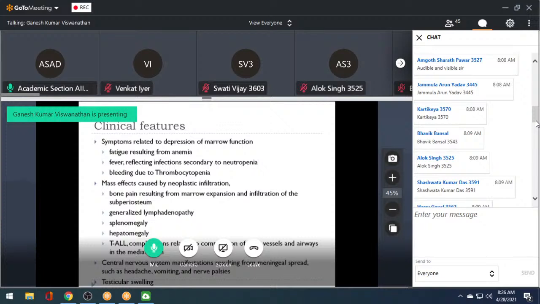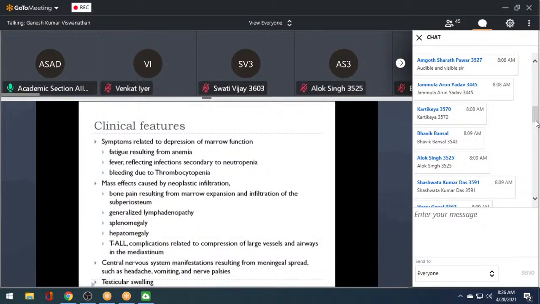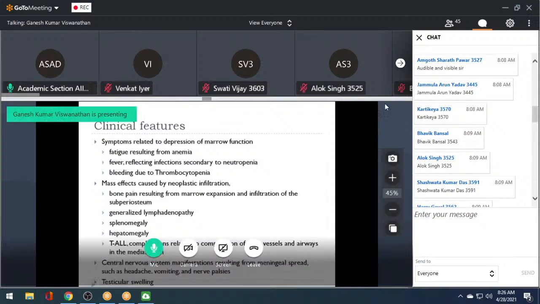So there are a lot of lymphoblasts. When these cells proliferate unchecked, they accumulate in the tissue. Normally they are seen in the bone marrow. When they proliferate too much, they occupy the whole of the marrow. So the other normal cells in the bone marrow are reduced in number, or their function is reduced. Because of that, you have symptoms.